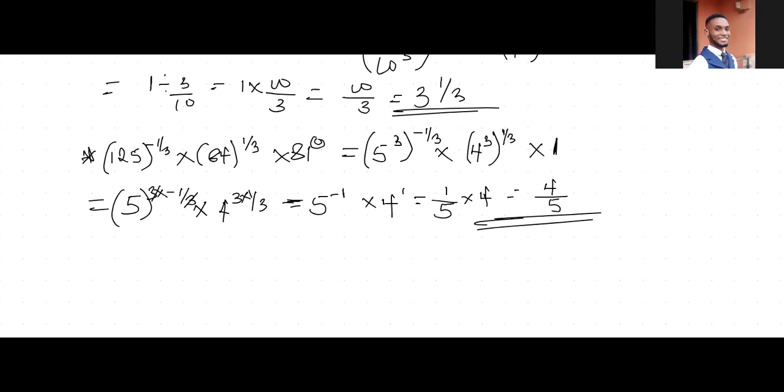Okay, let's go ahead. Let's solve plenty of examples. Now let's say that you have another problem. So this problem is you have 625 raised to the power of 3/8, then times 5 raised to the power of 1/2, then divided by 25.